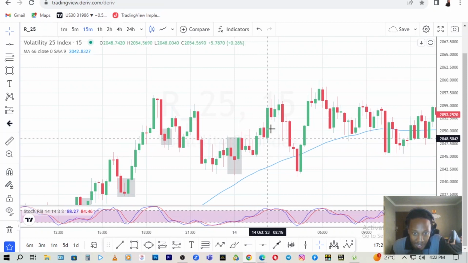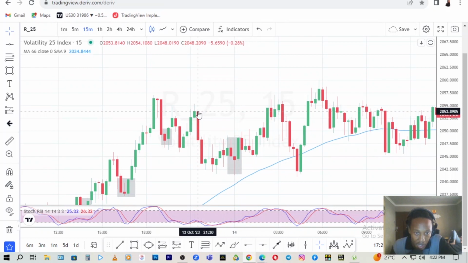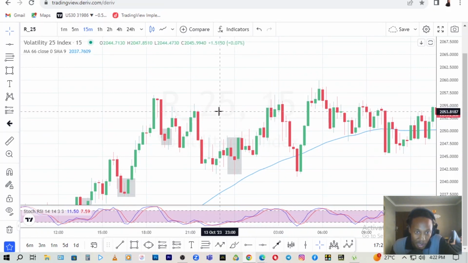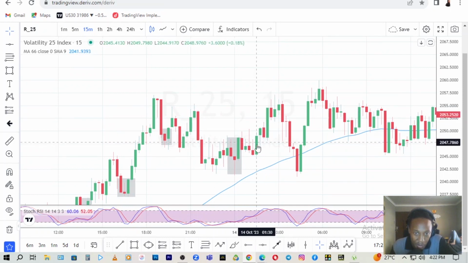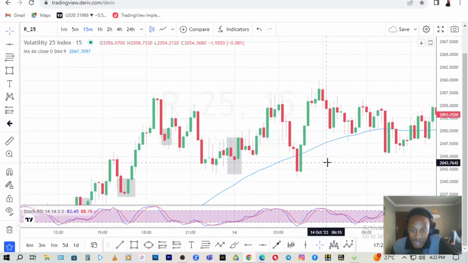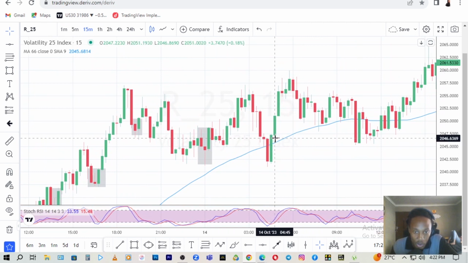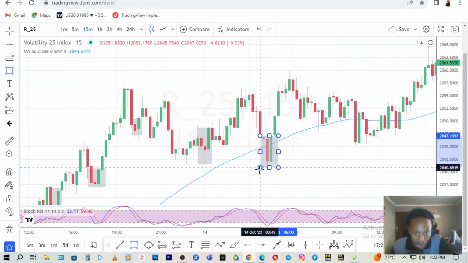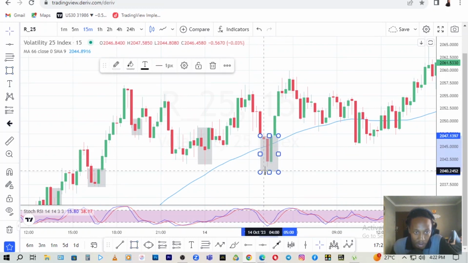So we can't take these entries because we already had this entry over here heading to this level. You can't trade from this level expecting to come to this level. From this level to that makes sense. So overall we got this. This is a nice entry overall. We're on 28 plus 5, that's $33.